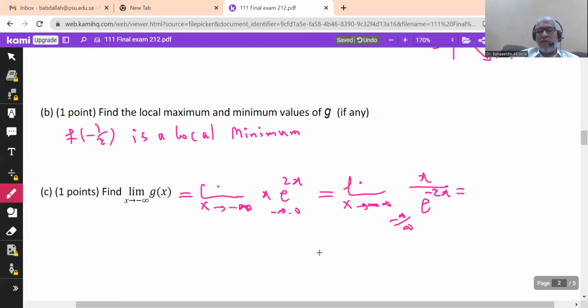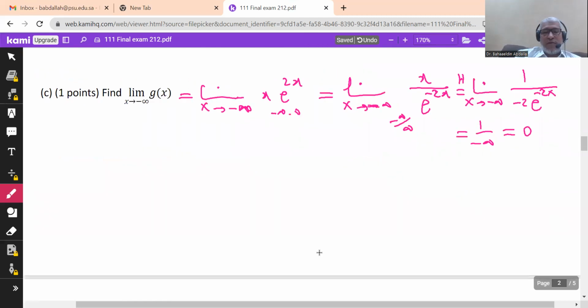So now I can use L'Hopital's rule. The derivative of x is 1. The derivative of the denominator is negative 2 times e to the power negative 2x. Now e to the power infinity is infinity, times negative 2, so I'll have 1 over negative infinity, which is just 0. So that's the limit of this function.